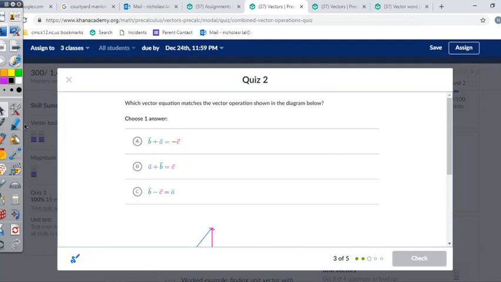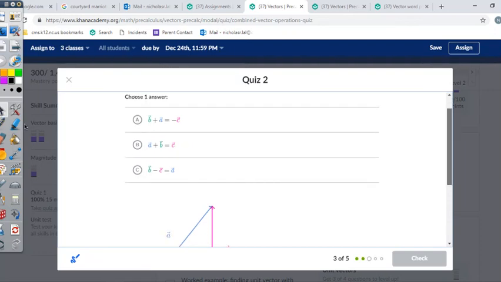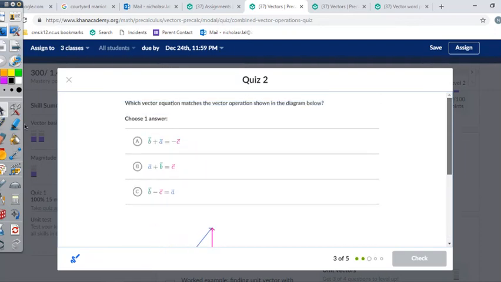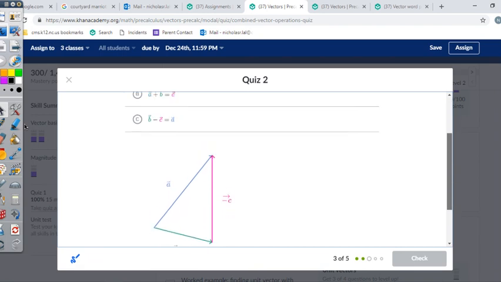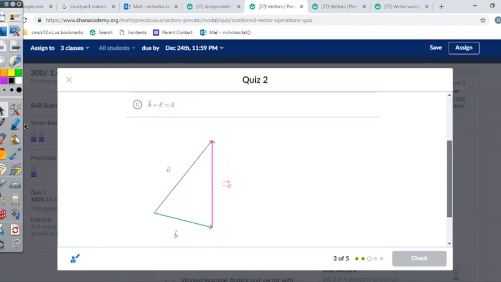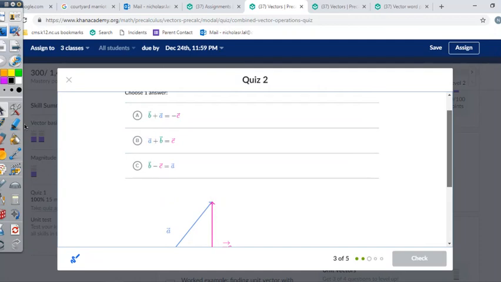Which vector equation matches the vector operation shown in the diagram below? All right, we have A, B, and C, all vectors. So what we can do is look at each equation and see if it's true.